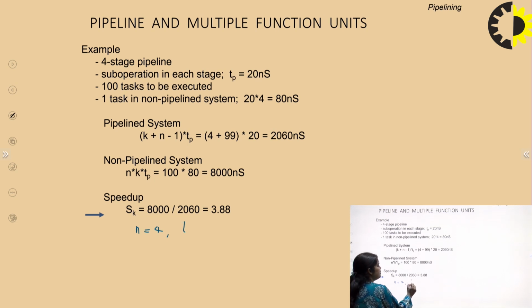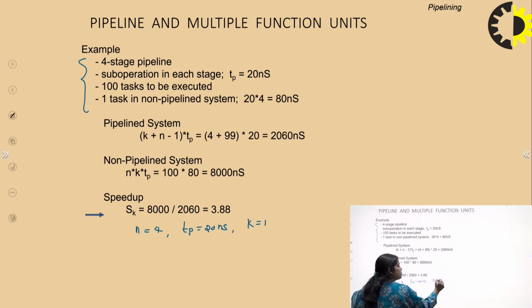So, the TP is also given, that is 20 nanoseconds, the clock cycle time of the pipeline. 100 tasks are to be executed, this is the question actually. 100 tasks means the N value is given. Now, one task in the non-pipeline system takes 80 nanoseconds. What will be the speed up?